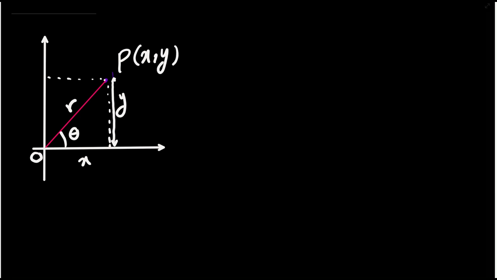Now, if you consider a straight line between the origin and point P and call it r, you see that here we have a right triangle. And then there is an angle between the x-axis and this line.